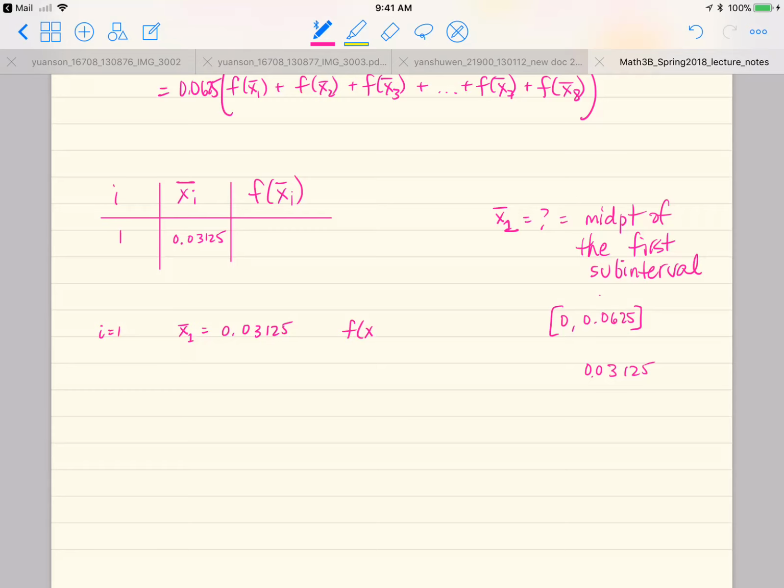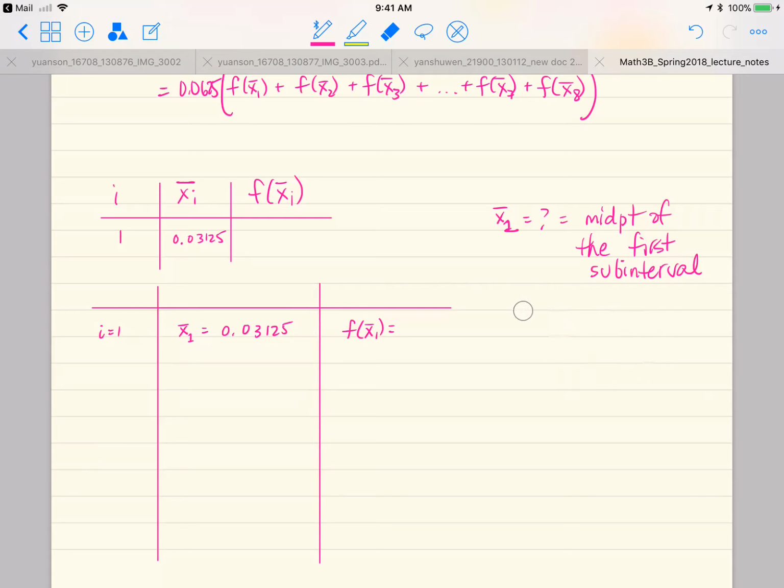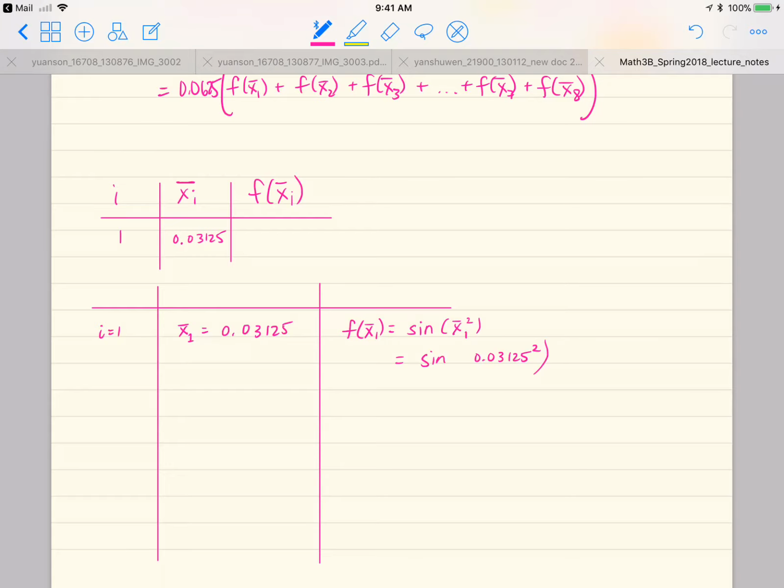And then f of x1 bar is equal to, here's where we need a calculator for sure, because we need to compute sine of xi bar squared. Sine of x1 bar squared. So that's going to be sine of 0.03125 squared.